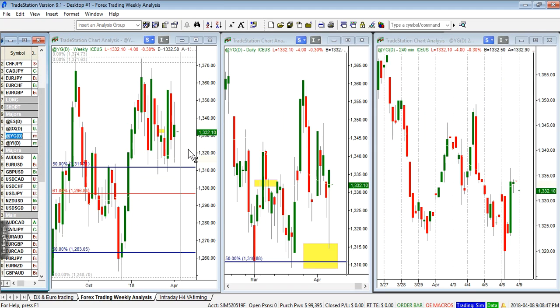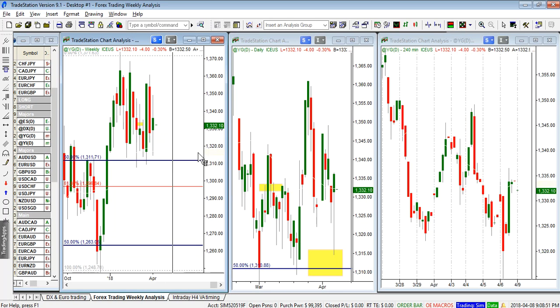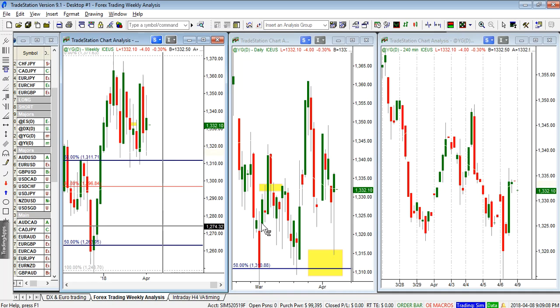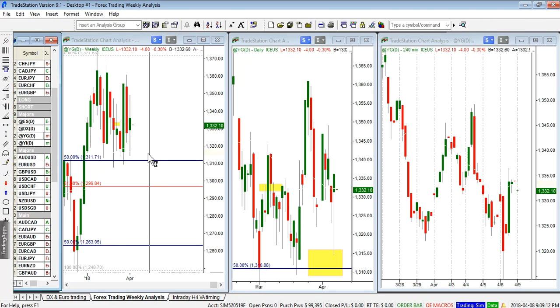Gold has moved lower here, but as you can see, still on top of the $1,311. And of course, depending on how the dollar index is going to move, if it moves higher, this level is going to be retested, and eventually, as we said last week, that could be pierced and the market moving to the 1263.